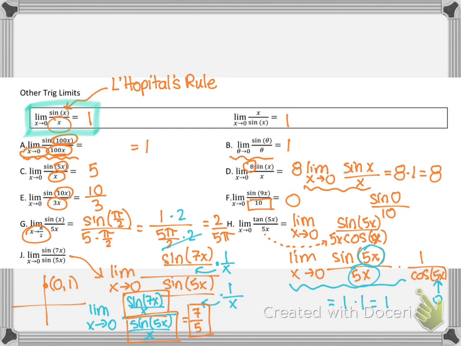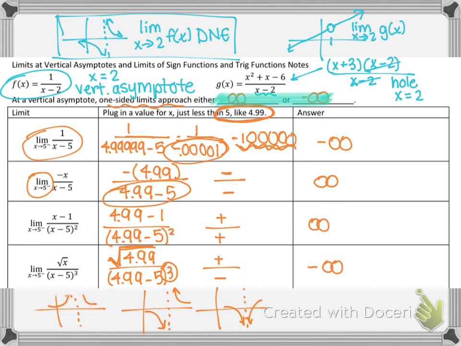And when you're solving these problems, you can just take the ratio of the argument over the denominator, and that gives your limit here. And we started out with some limits at vertical asymptotes. And when you do those, you're going to select a number close to this 5, like approaching 5 from the left would be something like 4.999. And then you're just plugging in to see what sign you get on your answer. And recall, at a vertical asymptote, our limit can equal infinity or negative infinity.